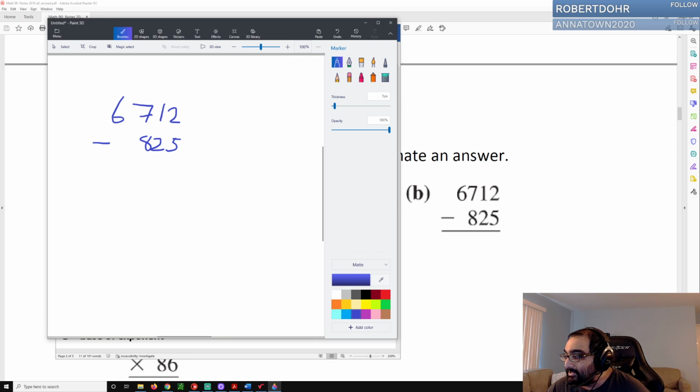Let's go ahead and take a look here and circle the first digit of each number. So we're going to circle the 6 here, and we're going to want to round the 6 because that's the first digit, and the first digit in this next number is 8. Okay, so that's what we're going to have here.